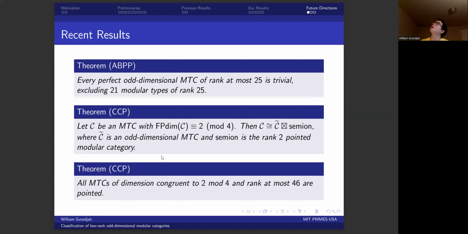Did you ask about rank 23 in particular, or in general? No, in general. I'm asking for a pattern. Do you see any pattern between the largest possible odd dimension and the rank? When I was looking at it, I didn't see any specific patterns. So growth rate, maybe.